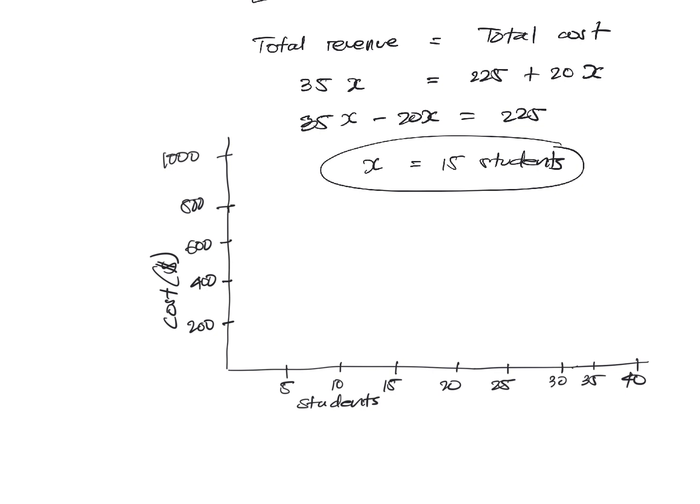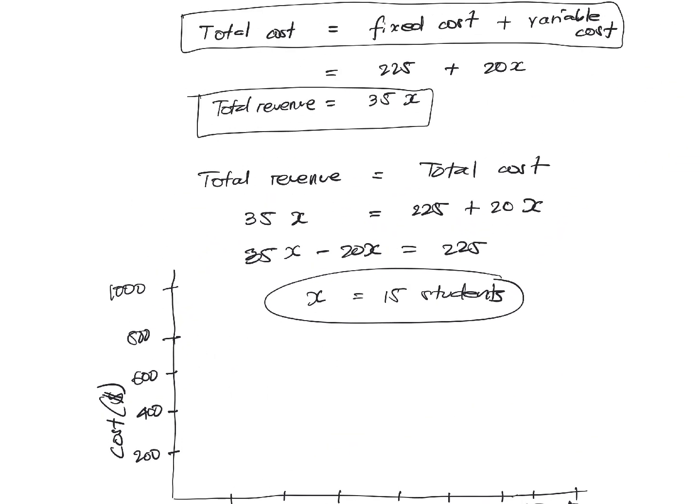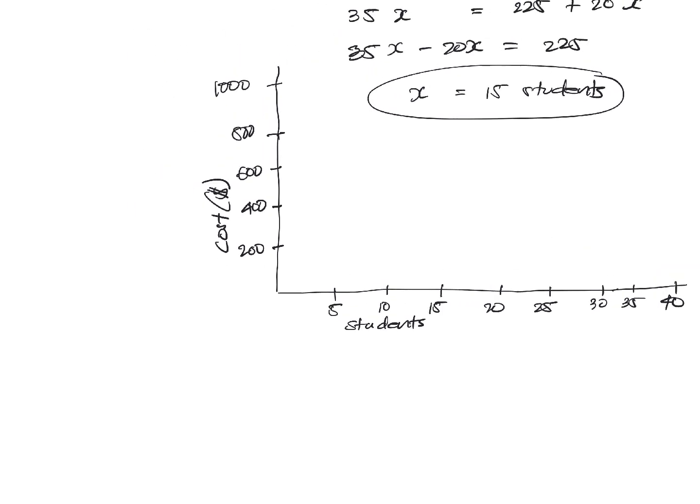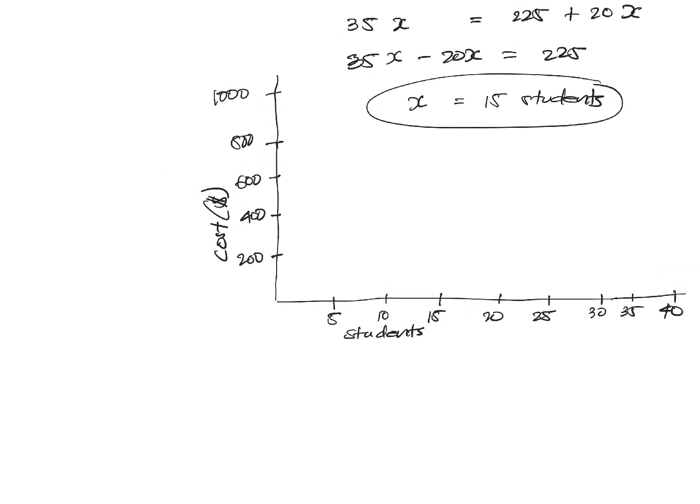So first we will plot this equation, the total cost equation. So let me rewrite the total cost here. Total cost is equal to 225 plus 20x.